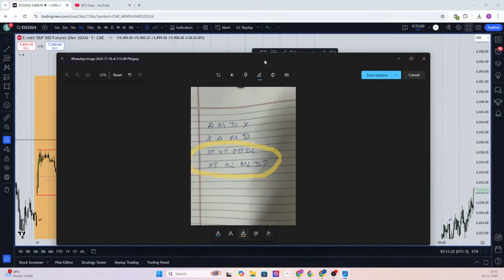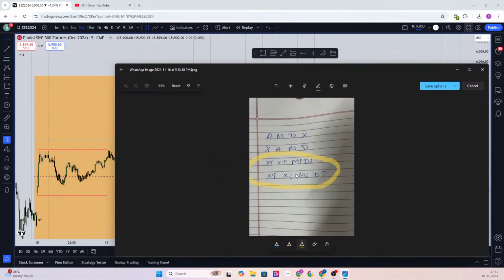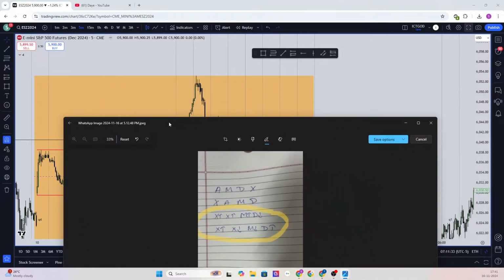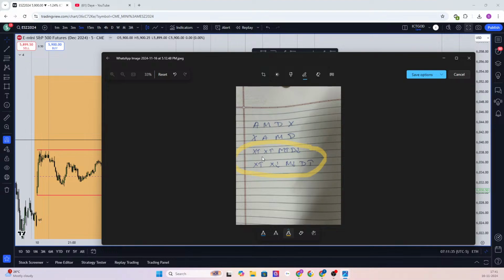There are other two, like if you see this X, XX, manipulation and distribution. Basically what it means is, X is something that has already been taught by Day.